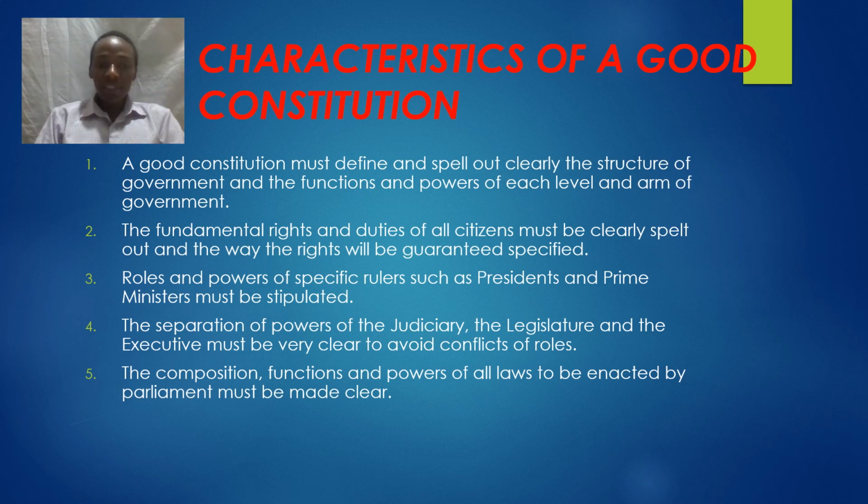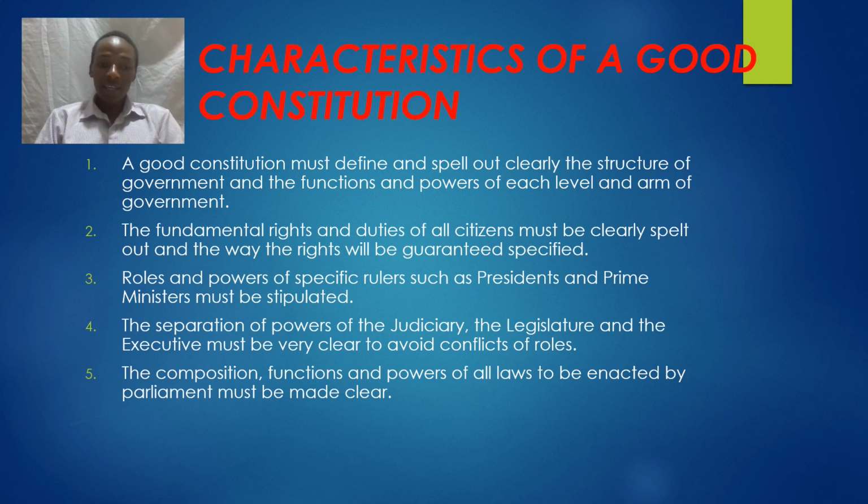The roles and the powers of the specific rulers, such as the president and the prime minister, must be stipulated under the constitution. The fourth point is that the separation of powers of the judiciary, the legislature, and the executive must be clearly spelled out to avoid conflict of roles or conflict of interest of each arm of the government.